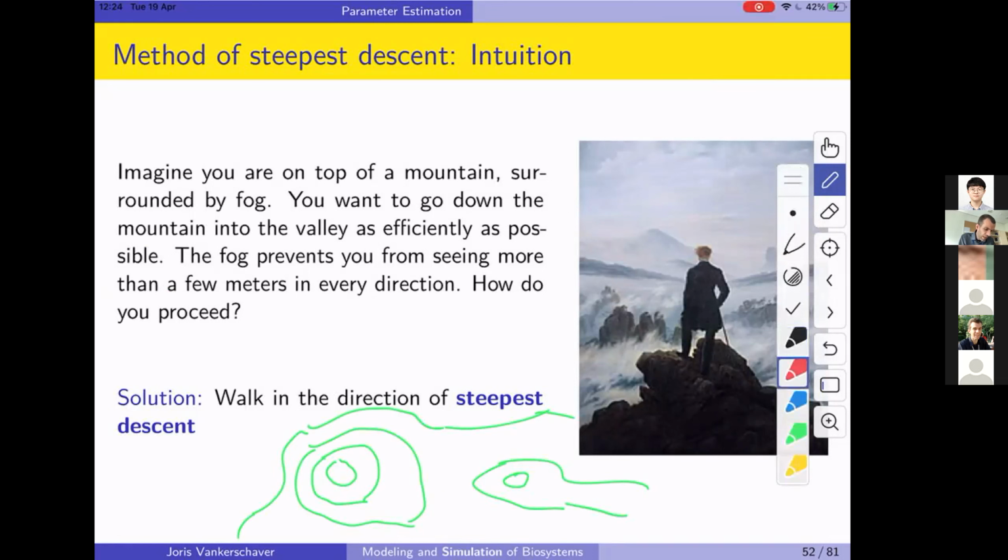If you're standing on top of the peak and you want to descend as quickly as possible to the valley, then you would walk in the direction of steepest descent, like so, and then arrive at your goal.